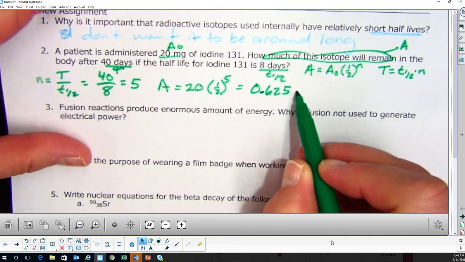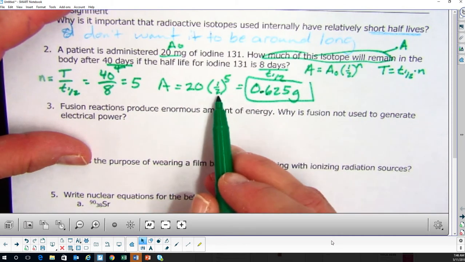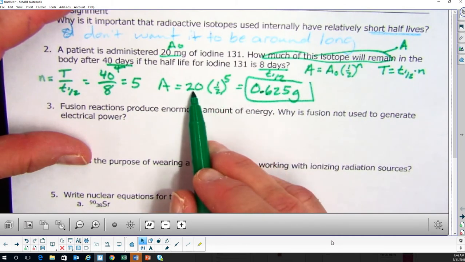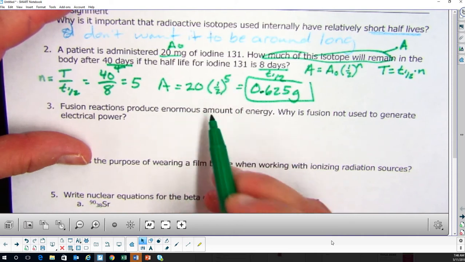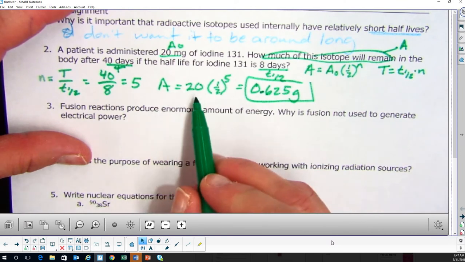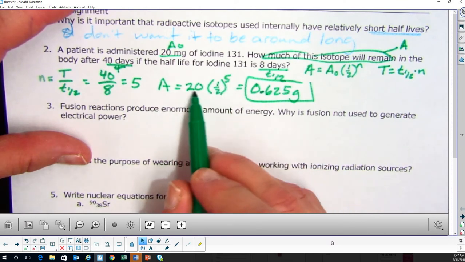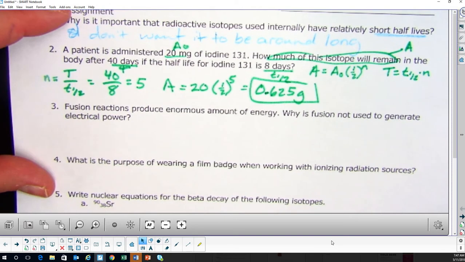Okay, that's how many milligrams are going to be left. So basically, we can just put that in our calculator: 20 times, in parentheses, 1/2 to the 5th power, close parentheses. Or we can take 2 to the 5th power and divide 20 by it. Okay, so that's how that works.